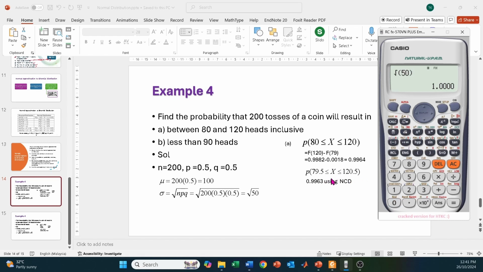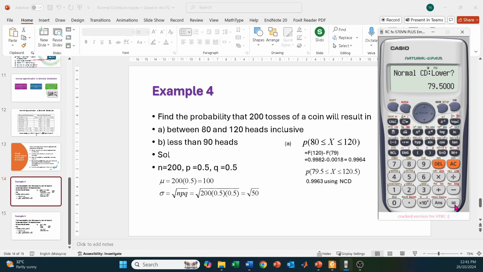If this were z, then sigma is 1 and mu is 0. But this is given as x, so mu will be 100. So I get 0.9963, differing only by about 0.001.